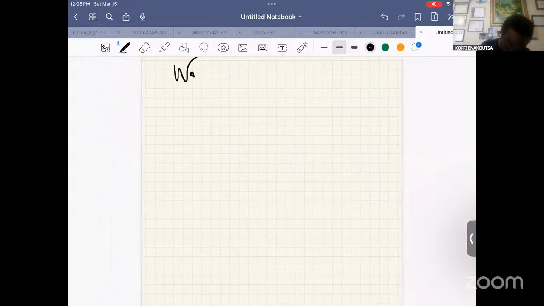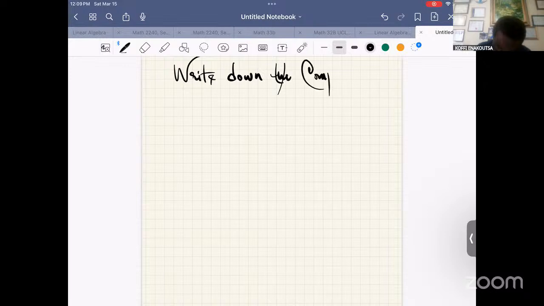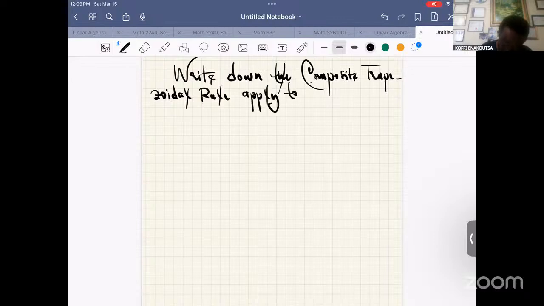Let's write down the composite trapezoidal rule, the CTR, applied to the integral.